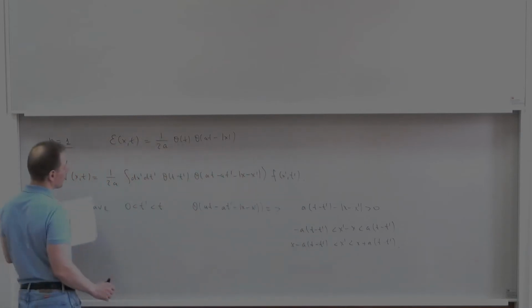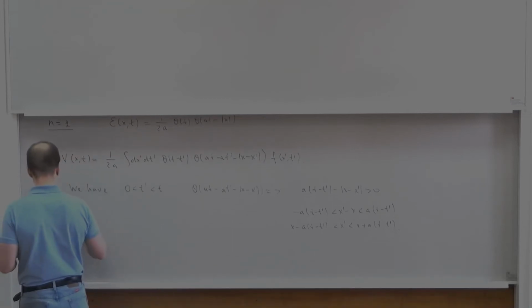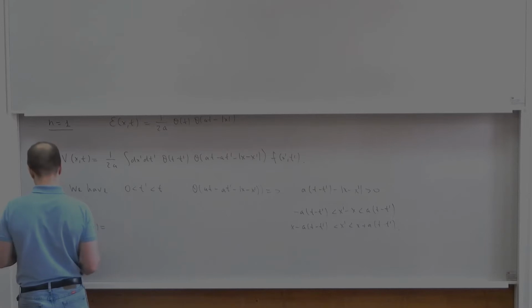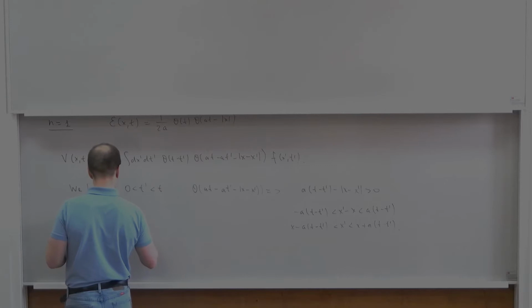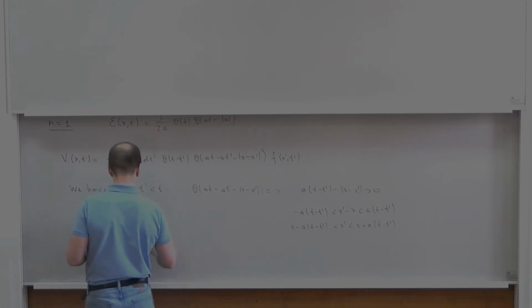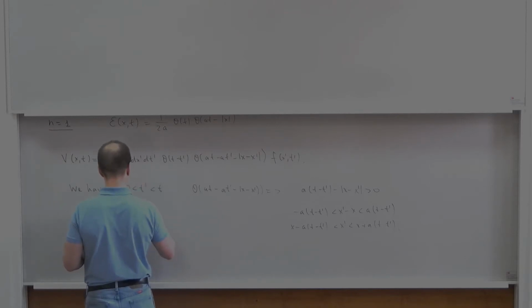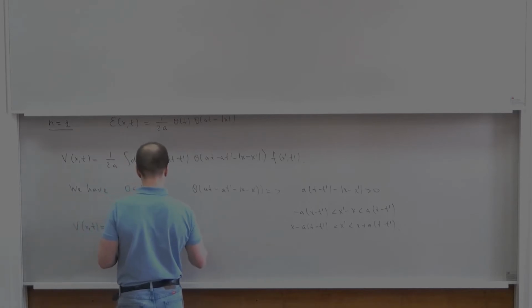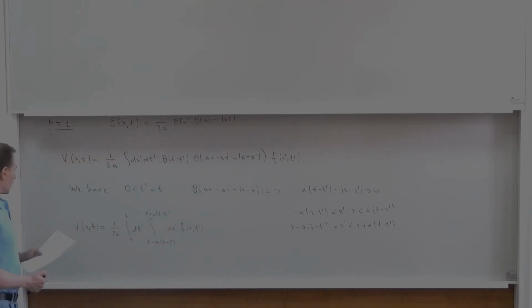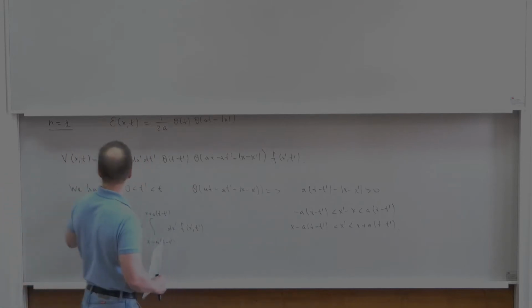So we can write this expression eventually as such. This is the final answer for the retarded potential in the case of one-dimensional space.